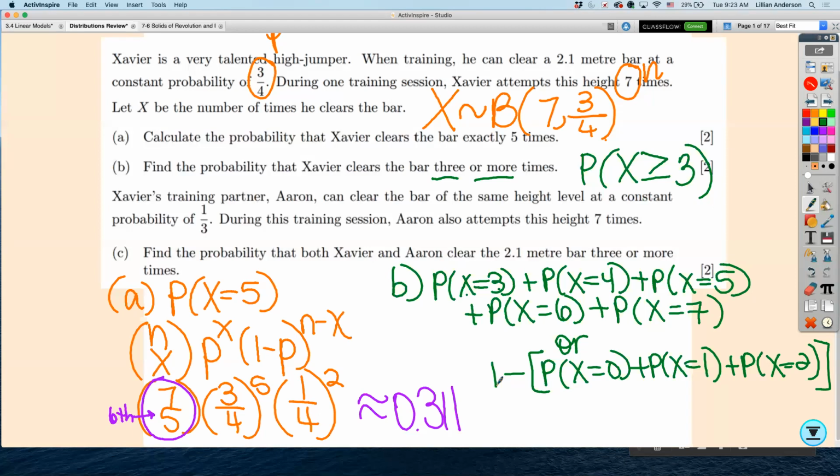This is a little bit shorter compared to the longer one at the top. Because your calculator only allows you to do the probabilities that are to the left of a particular number, you are going to have to do it using the complement.